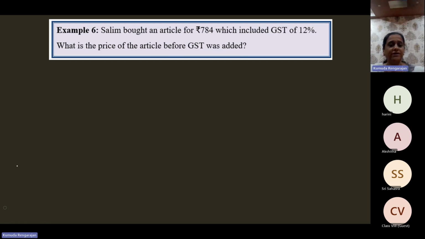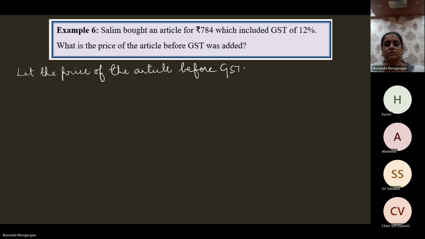So let the price of the article before GST was added be rupees X. Okay. So listen, very simple. So the price of the article before GST was added is rupees X.